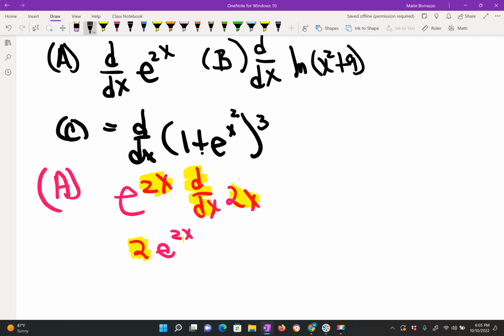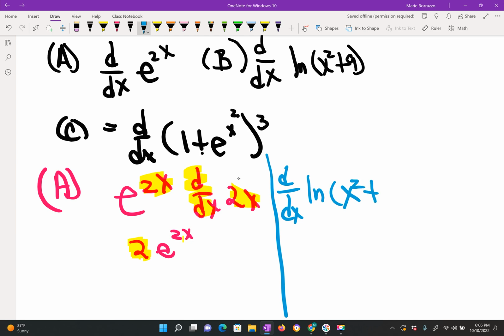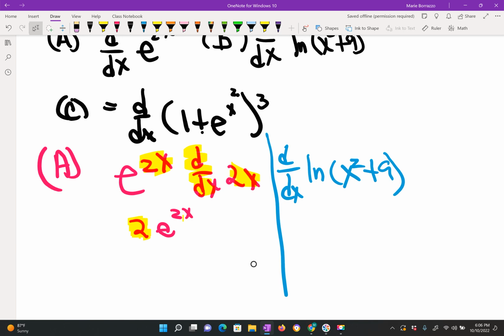All right. Part B. In part B, I gave you d over dx of natural log of x squared plus 9. So step 1 is the natural log of x is, if I said to you natural log of x, 1 over, and in this case x squared plus 9, right?